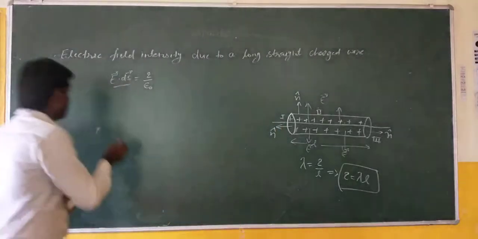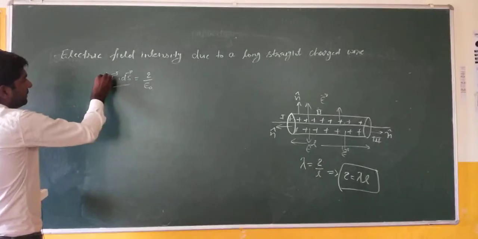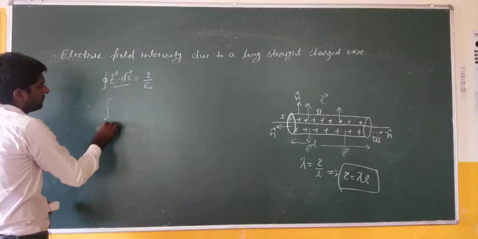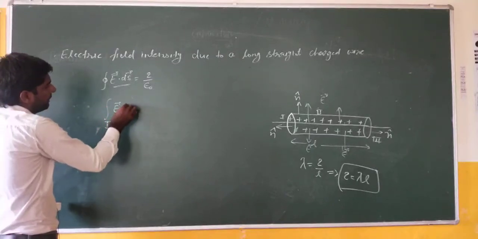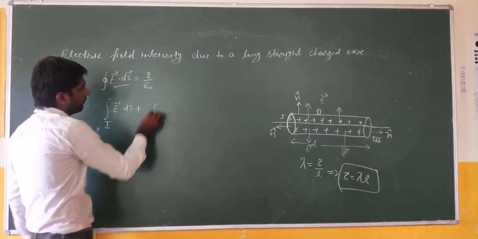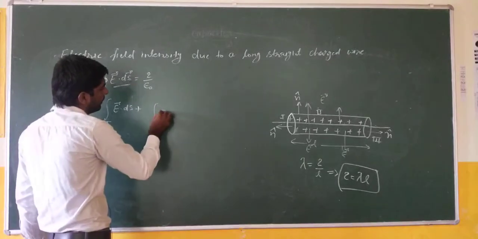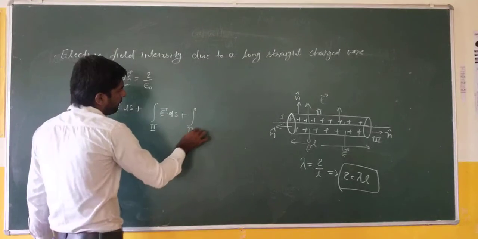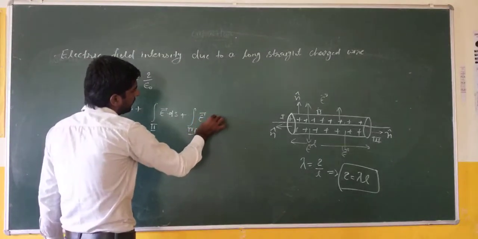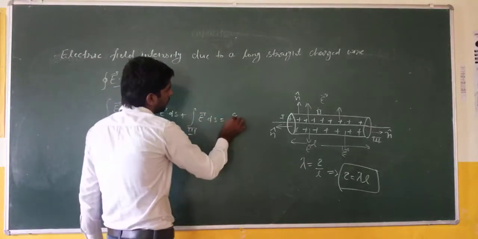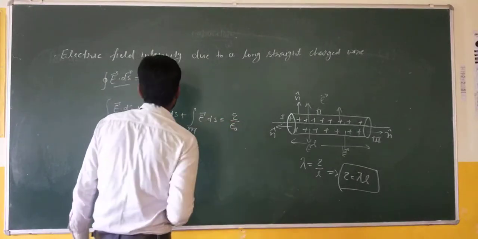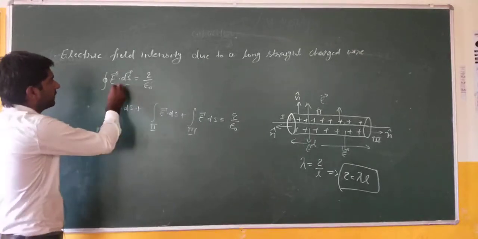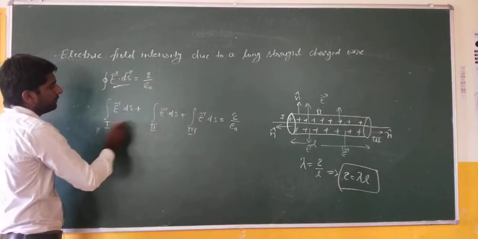This can be written as the first part E dot ds plus the second part E dot ds plus the third part E dot ds equal to Q upon epsilon naught. I am separating this flux according to each face 1, 2 and 3.